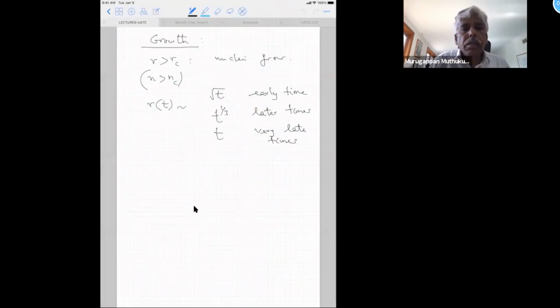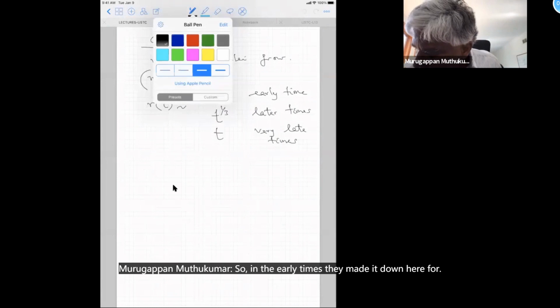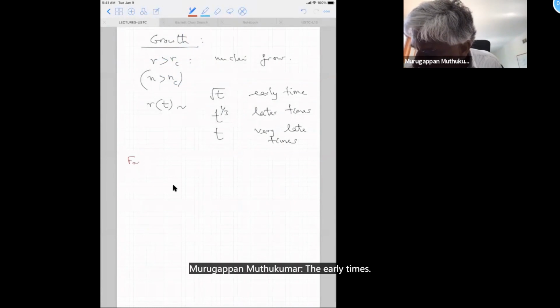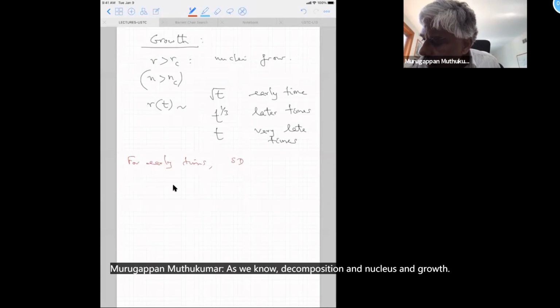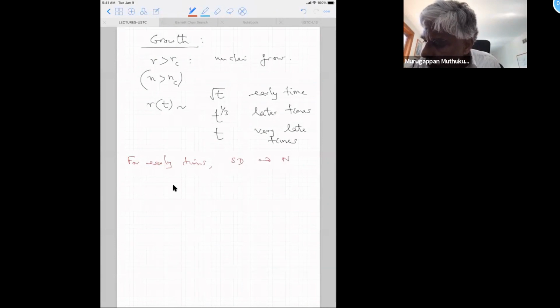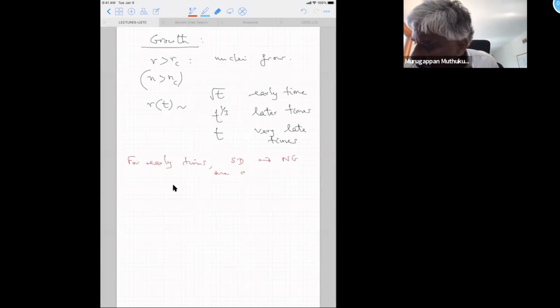Okay. So in the early times, let me write it down here. For early times, spinodal decomposition and nucleation growth have different time evolution.